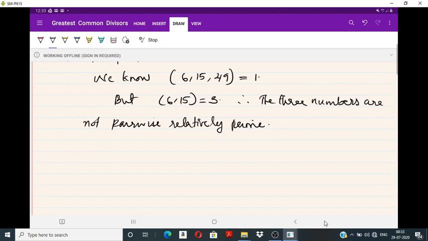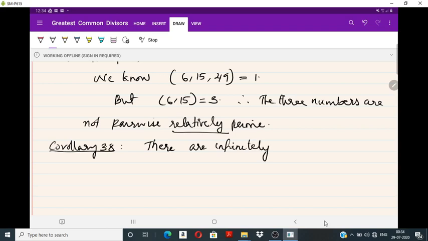Okay. Now we come to the last corollary, Corollary 3.8. The result is that there are infinitely many primes.